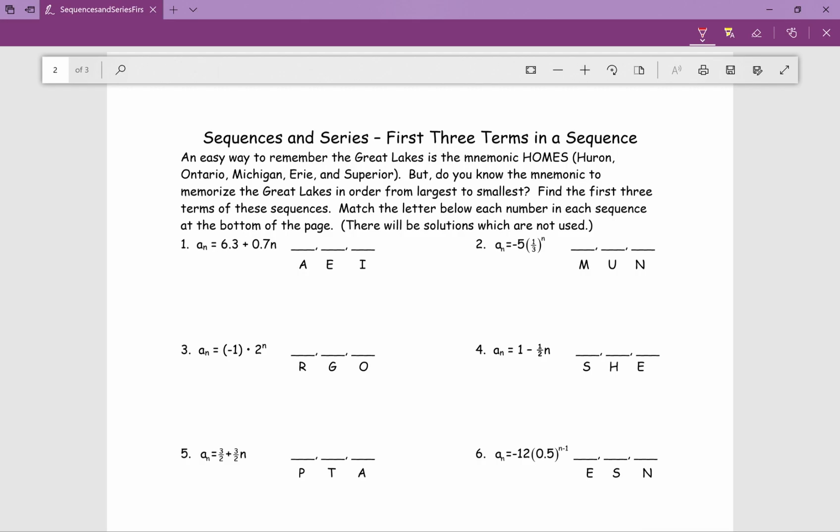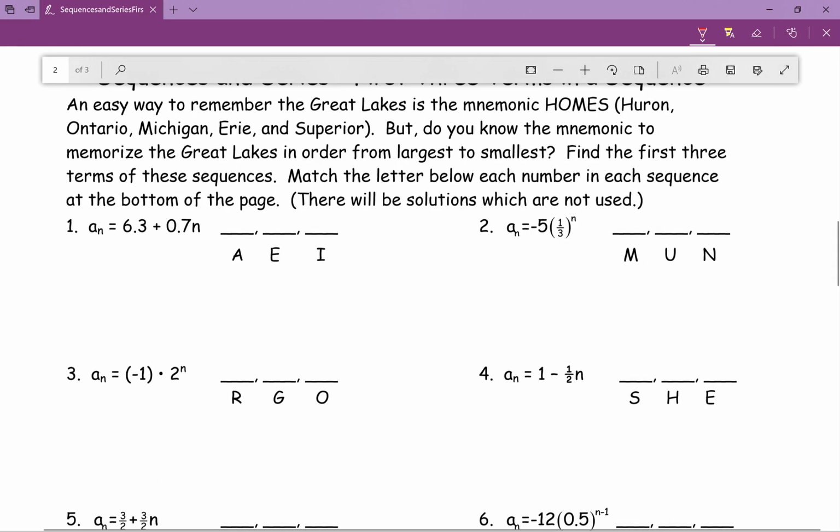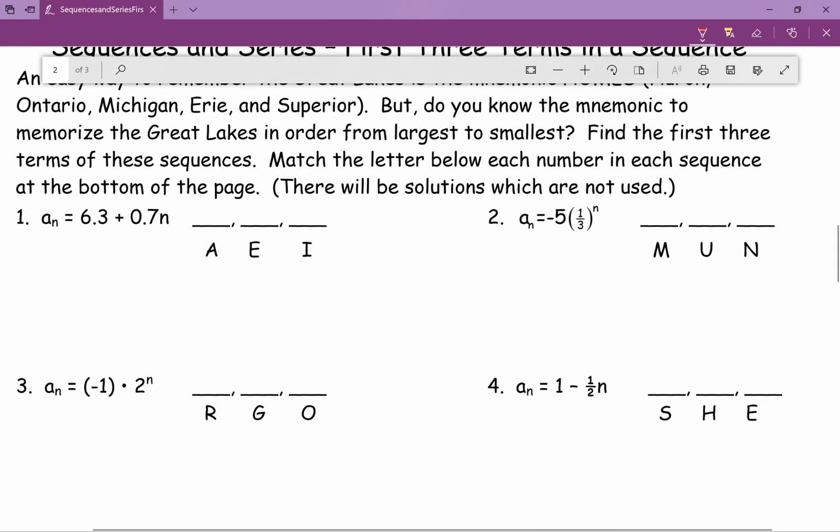Since it wants us to find the first three terms, we need to plug in numbers 1, 2, and 3. And I'm going to do that here. Zoom in. So if I plug in 1, I will get A1 is equal to 6.3 plus 0.7 times 1.